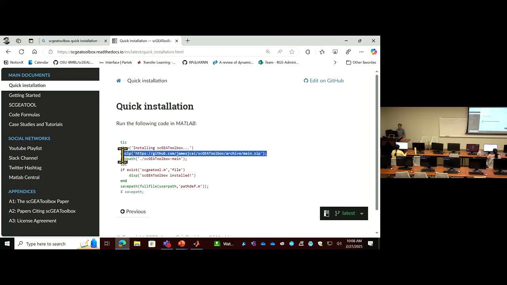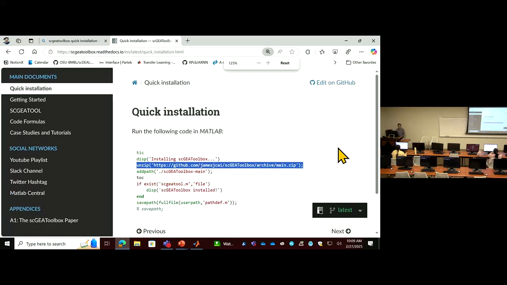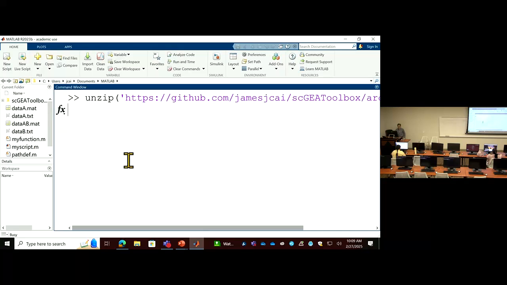Basically what I typed in the command line is this particular line of code in this quick installation. Okay, if you do that, we can let the package be updated.